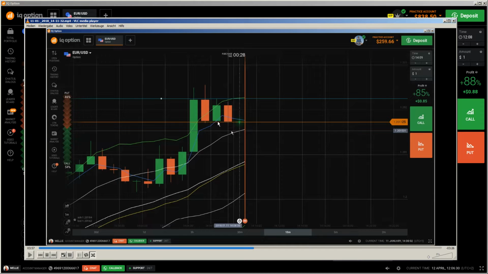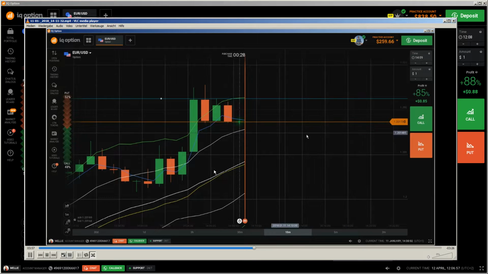Then this candle breaks through this level and then this level, and that is showing you that this support level will now act as resistance, and that's the reason why you could enter immediately without any rejection into this trade.